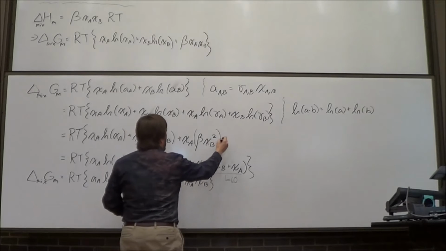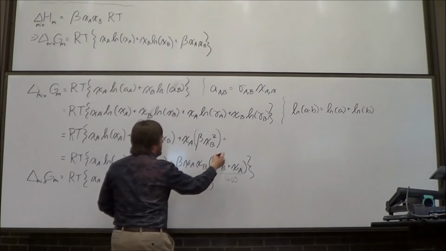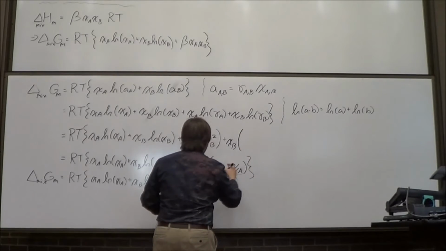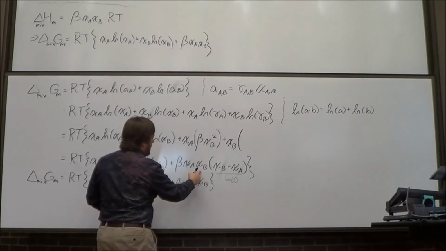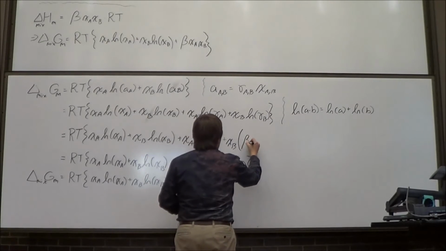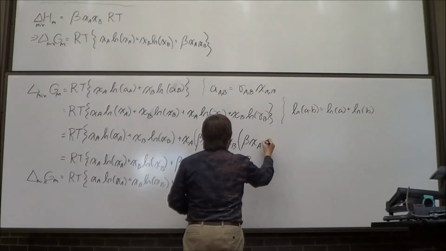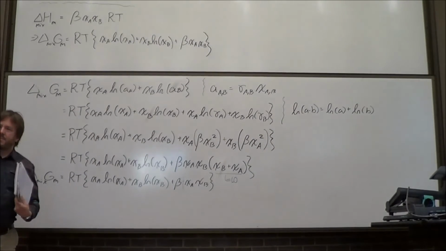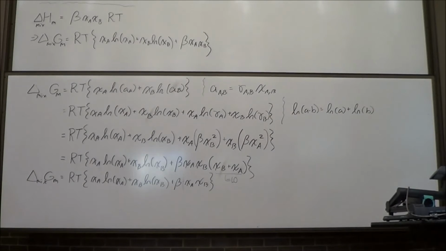Okay, next term. I've got a Chi-B. And let's see, what else have I got? I've already done this term, so I've got a Chi-A, I got a beta Chi-A squared. Okay, I'm done. Yeah, kind of painful, right? Kind of like Carnot. Maybe not quite as bad.